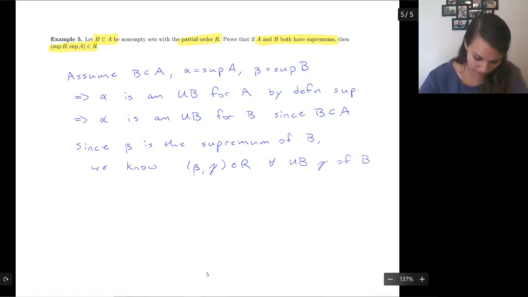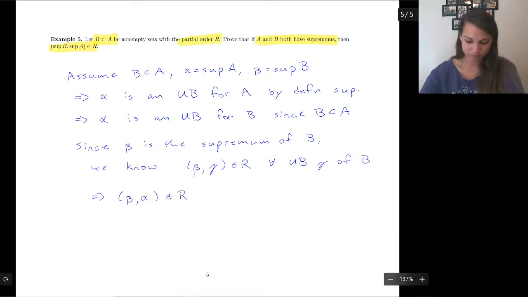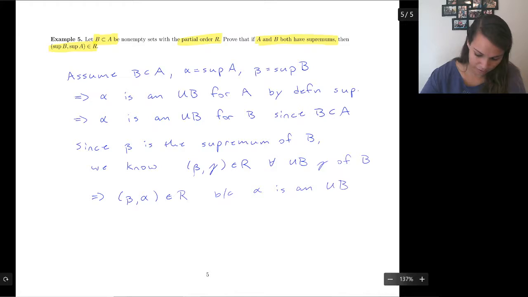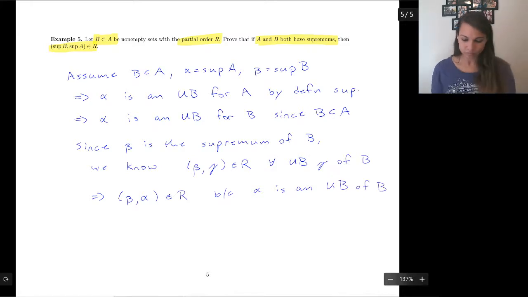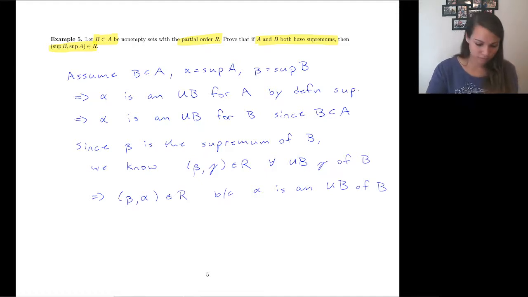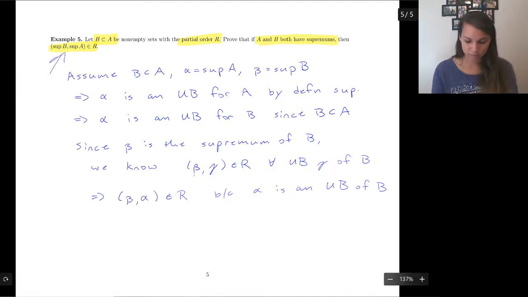So now we can say beta is related to alpha because alpha is an upper bound of B. So there we go. That's what I just wanted to prove.